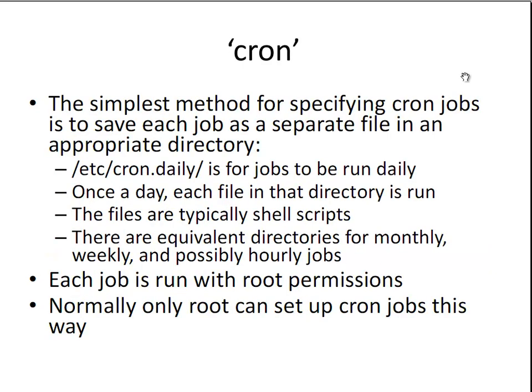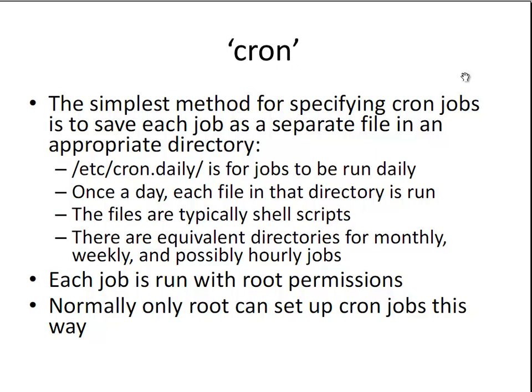The simplest method for specifying a cron job, as they're called, is to save each job as a separate shell script in an appropriate directory. And we'll see that there are several directories residing under the etc directory that have the name cron in them. For example, etc cron.daily is for jobs that are to be run each day. So once a day, each file in that directory is run, and these files are executable shell scripts, which we've covered previously.